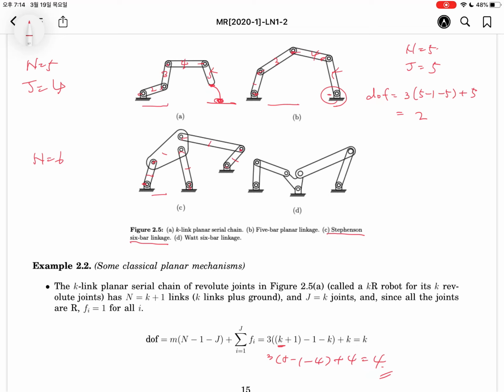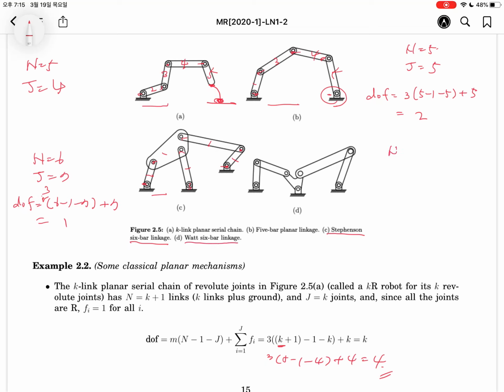How about joints? 1, 2, 3, 4, 5, 6, 7. J is 7. All the joints have 1 degree of freedom. Okay, so DOF is equal to 3 times 6 minus 1 minus 7 plus 7. Yes, this is planar, so 3 times. It means it has 1 degree of freedom.